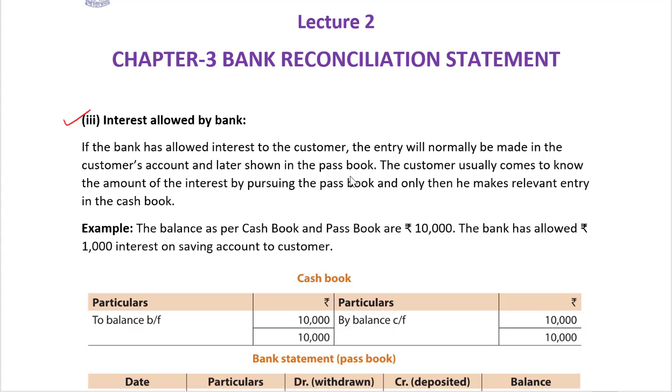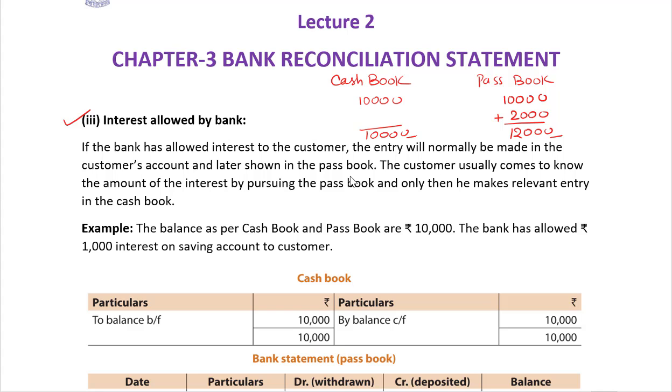So supposedly, what happens in the cash book? The balance is 10,000. In the passbook, as per our knowledge, the balance is 10,000. But the bank has given us an interest of 2000. That means as per passbook, the balance is 12,000, but as per cash book, the balance is only 10,000.